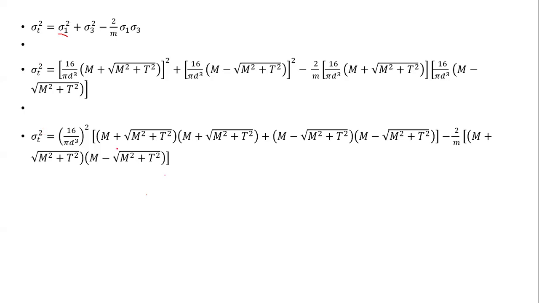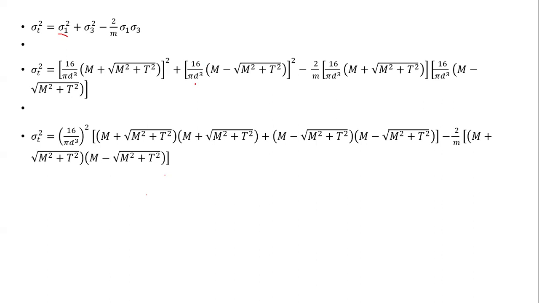Now what am I going to do? The first thing I can see is that 16 over pi d cubed is actually common. Here I have 16 over pi d cubed.